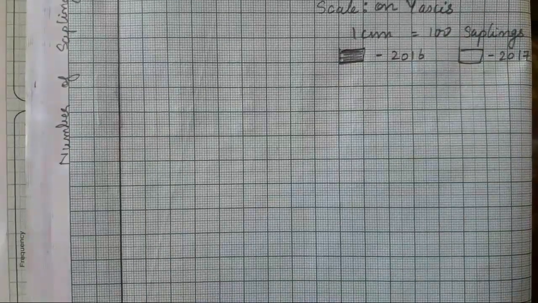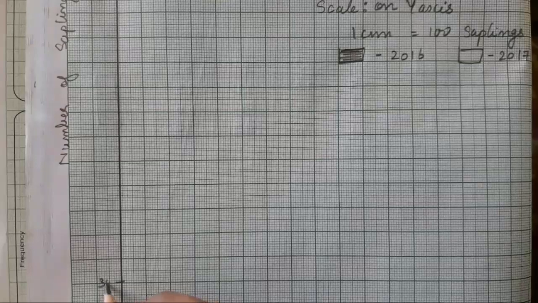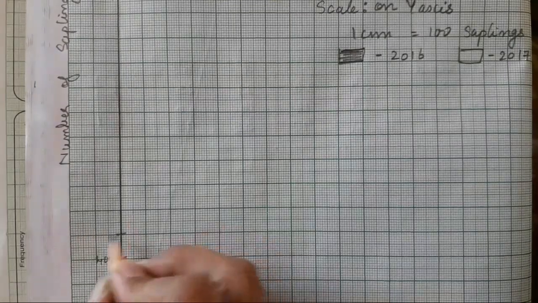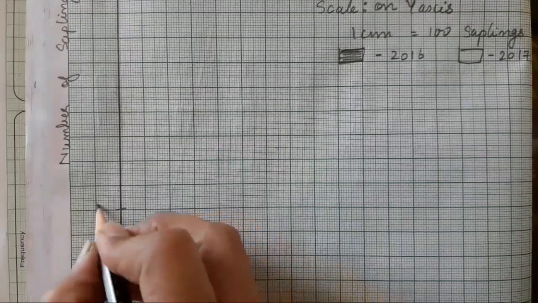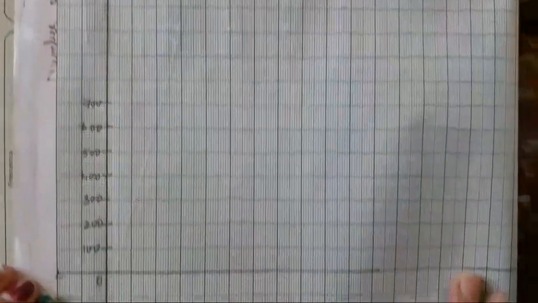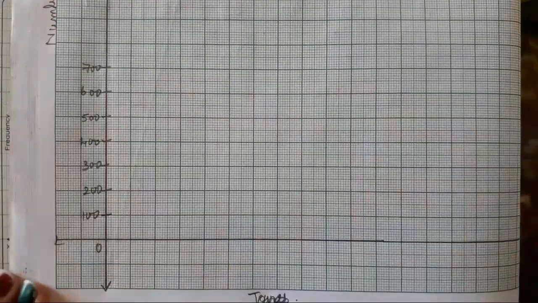So let's start with 100. Is it clear? I think everyone knows how to mark all these sections.